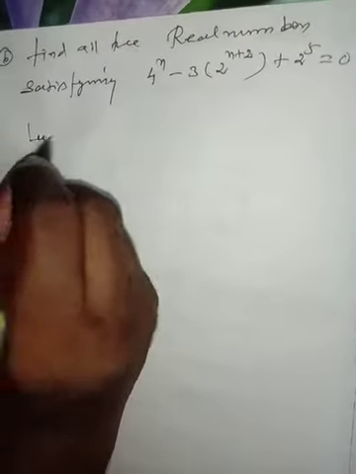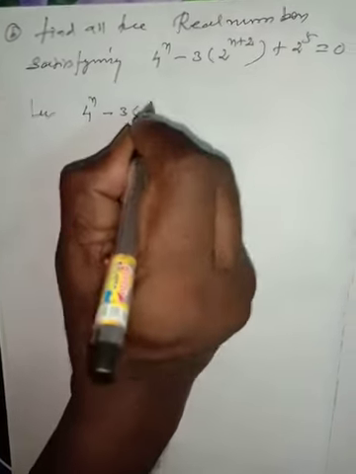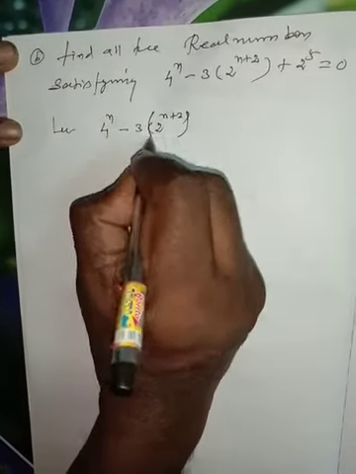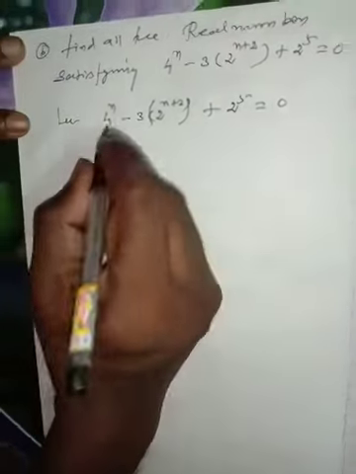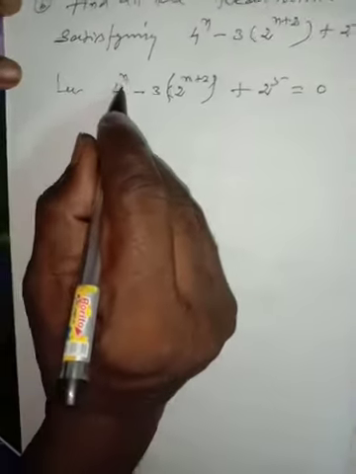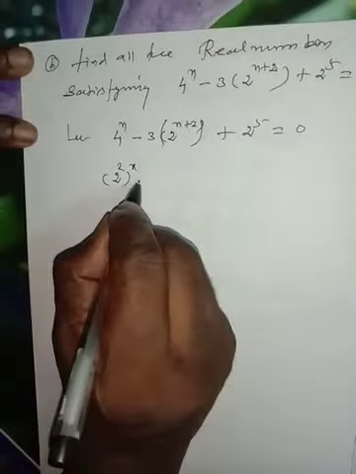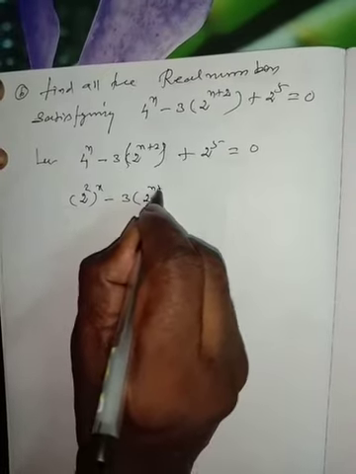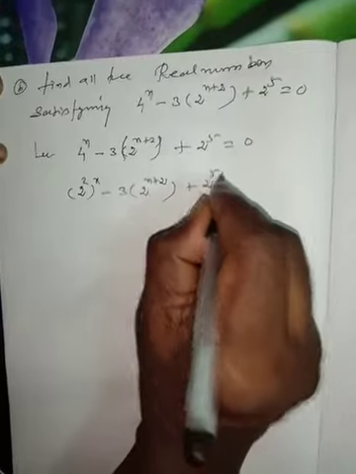Let 4 to the power of x minus 3 into 2 to the power of x plus 2 plus 2 to the power of 5 is equal to 0. The 4 power x can be written in the form of 2 square power x, minus 3 into 2 to the power of x plus 2, plus 2 to the power of 5 is equal to 0.